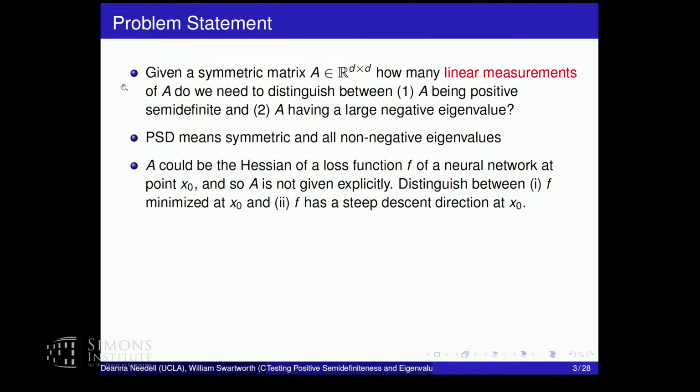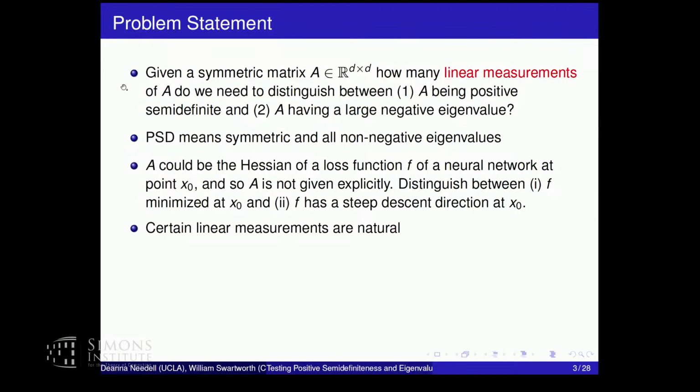And this is going to motivate us looking at this matrix A via these linear measurements. We maybe want to distinguish between the cases that we're minimizing a loss function f. So is it minimized at the current set of weights? In that case, the Hessian would be PSD. Or is it not? Is there a steep descent direction at the current assignment of weights? So it has a large negative eigenvalue.